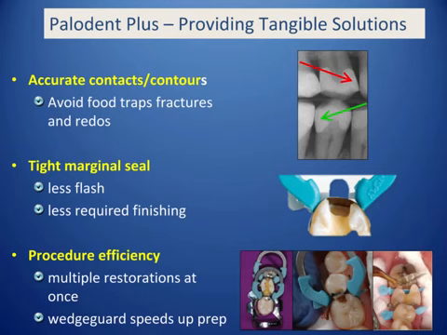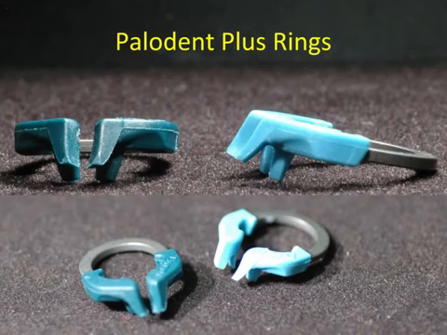Our Palodent rings, you may notice by the design of these, really at the base of the rings, we have the most curvature. This is the area that the rings are designed most to make contact with the tooth. That makes these rings exceptionally stable, even when we're missing a cusp, and I'll show you a slide on that in a moment. Another design feature you see is this V-shaped indent here.